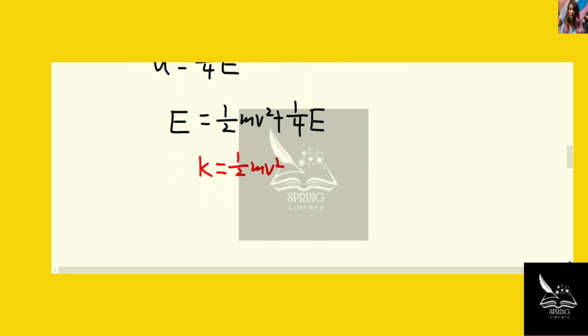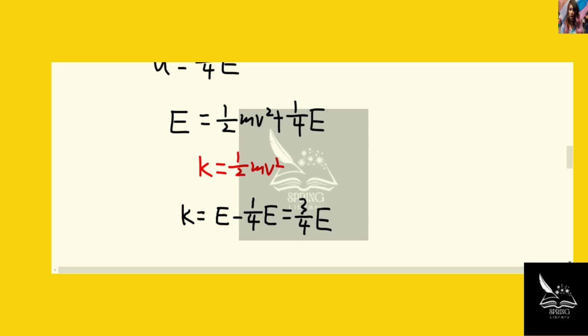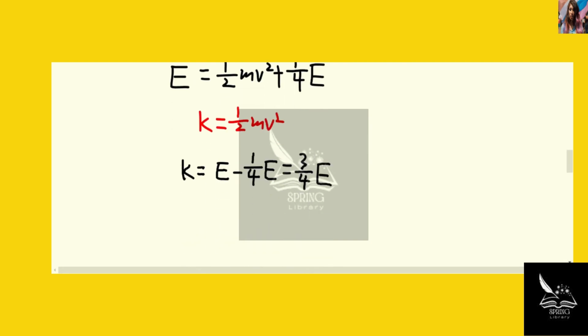So therefore, the kinetic energy K can be equal to E minus 1/4 E, which is 3/4 E. So these are the fractions of kinetic energy and elastic potential energy in the total energy of the system. So the elastic potential energy is equal to 1/4 E, and the kinetic energy is equal to 3/4 E, which is 3/4 of the total mechanical energy. So these are the answers.